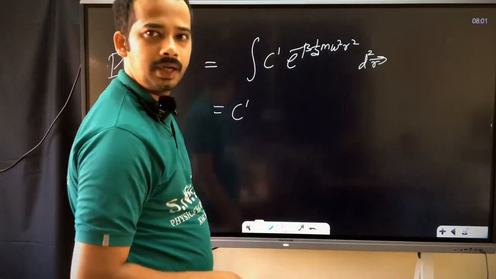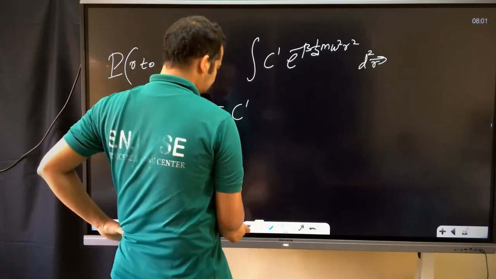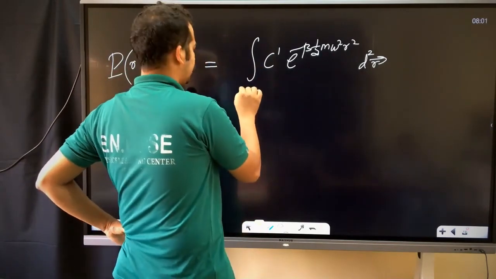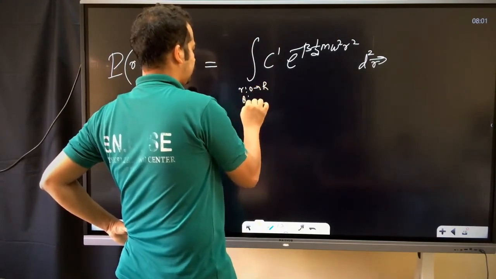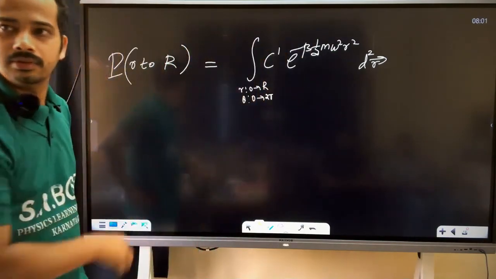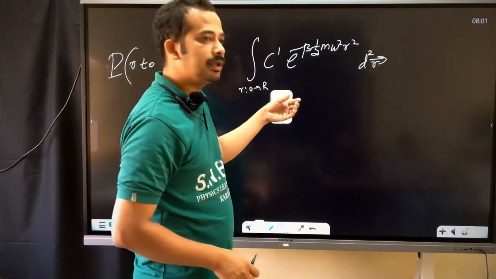I'll take it outside. So now, integration with respect to what? Integration where r ranges from 0 to capital R, theta ranges from 0 to 2 pi. That is the probability of finding the particle irrespective of theta.